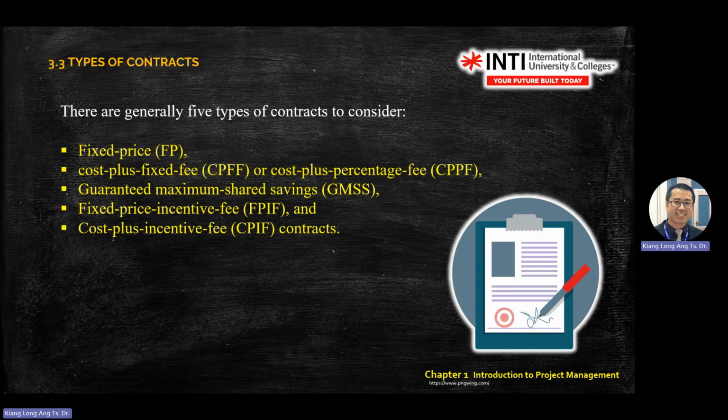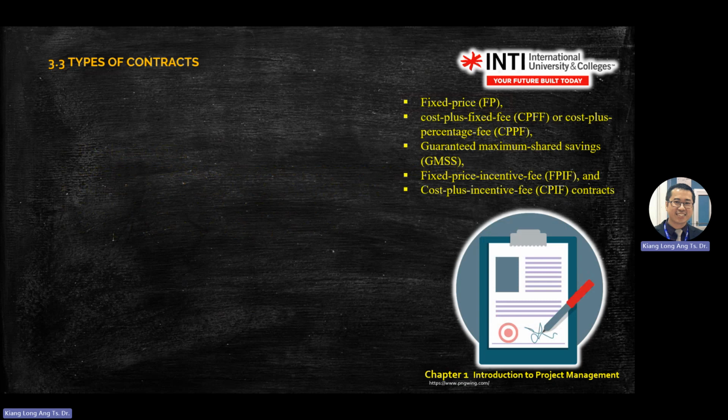Each type has its own characteristics, its own benefits and disadvantages. For this class, it's important you know there are 5 types of contract. At least you have heard before fixed price, cost plus fixed fee, guaranteed maximum sharing, fixed price incentive fee, cost plus incentive fee. At least you have heard these 5 names before. Your work is to read the details.